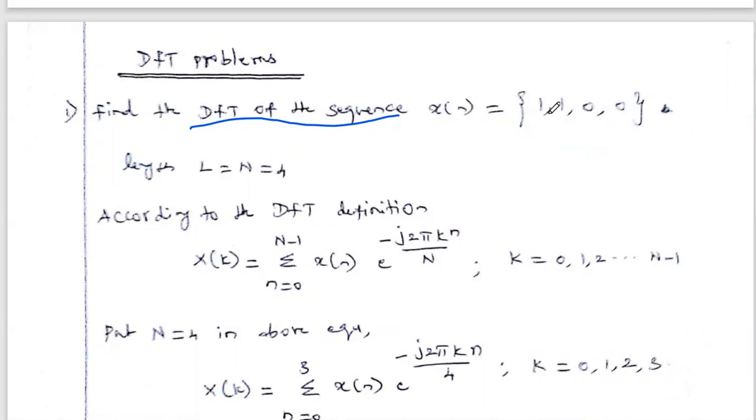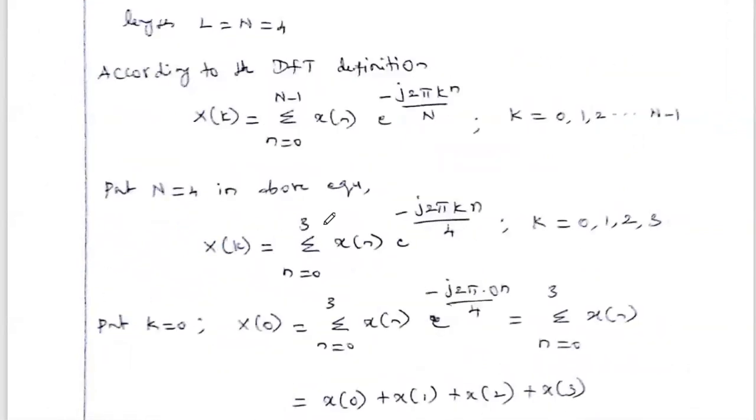What is meant by DFT? The DFT is used to convert the time domain sequence into the discrete frequency domain x of k. In order to convert x of n into x of k, we use the DFT. First we write down the definition of the DFT.